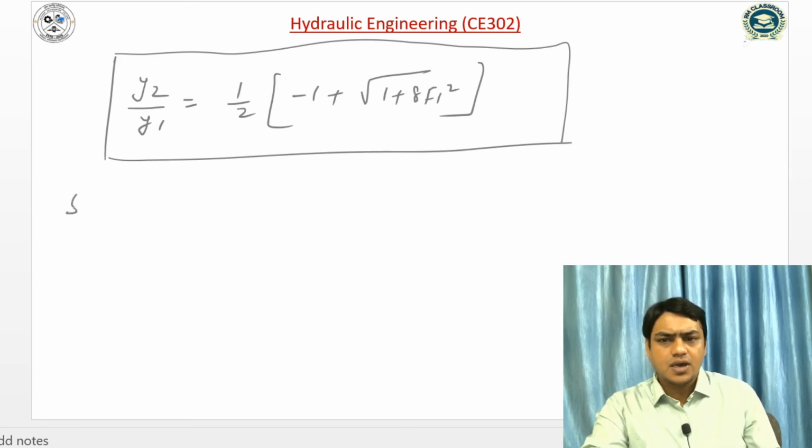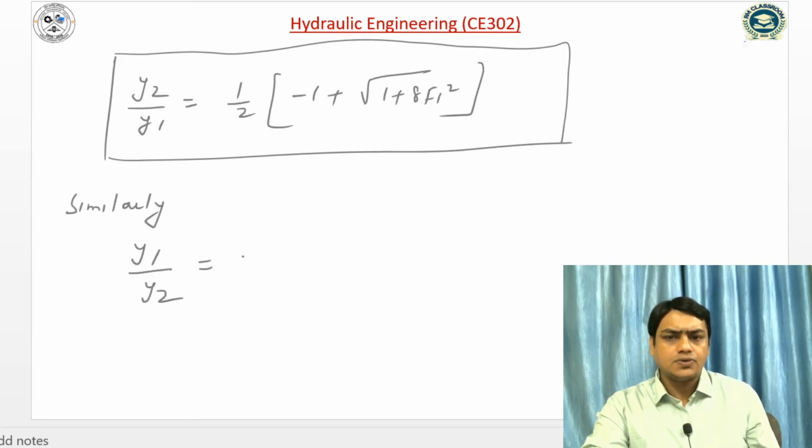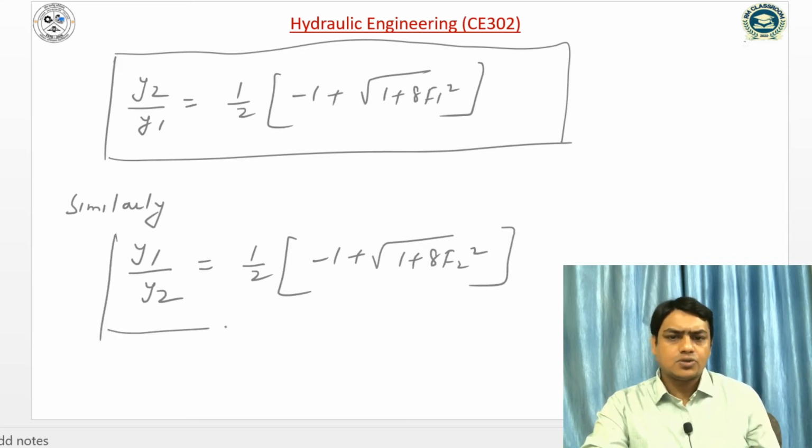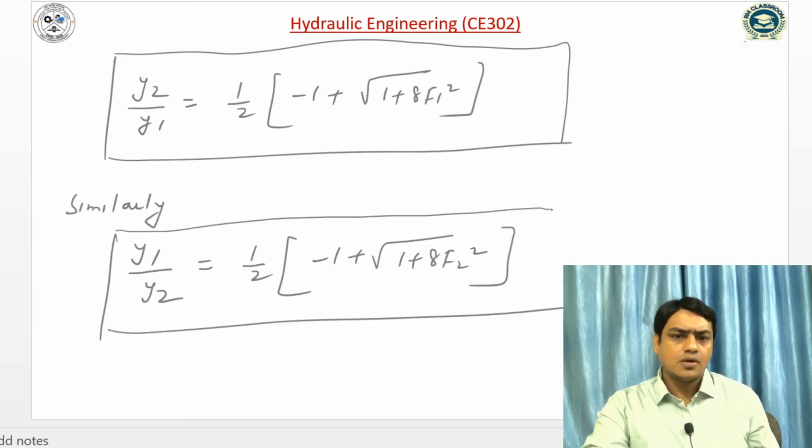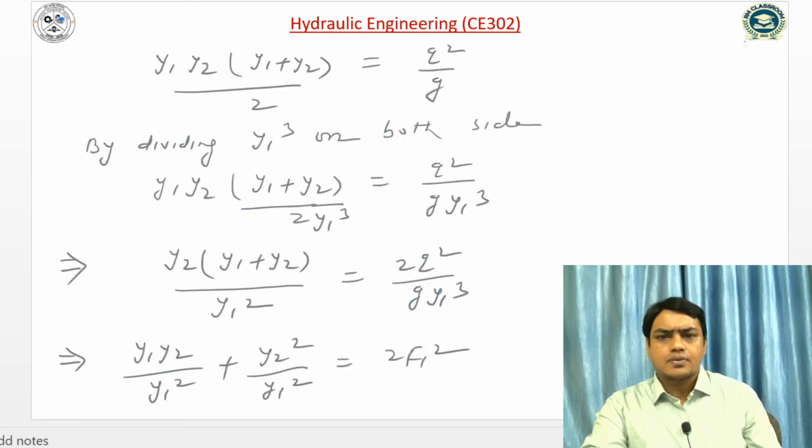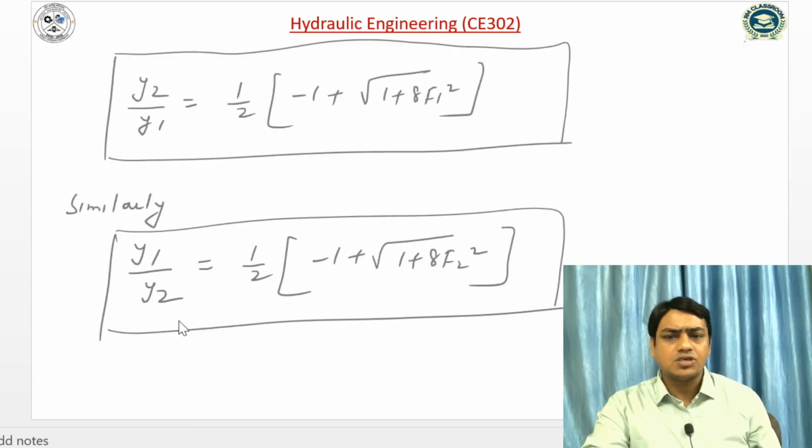Similarly we can write y1 by y2 is equal to 1 by 2 into (minus 1 plus square root of 1 plus 8 F2 square). We can also get this equation from here: if I divide by y2 cube on both sides, then we will get the relation y1 by y2 is equal to 1 by 2 into (minus 1 plus square root of 1 plus 8 F2 square).